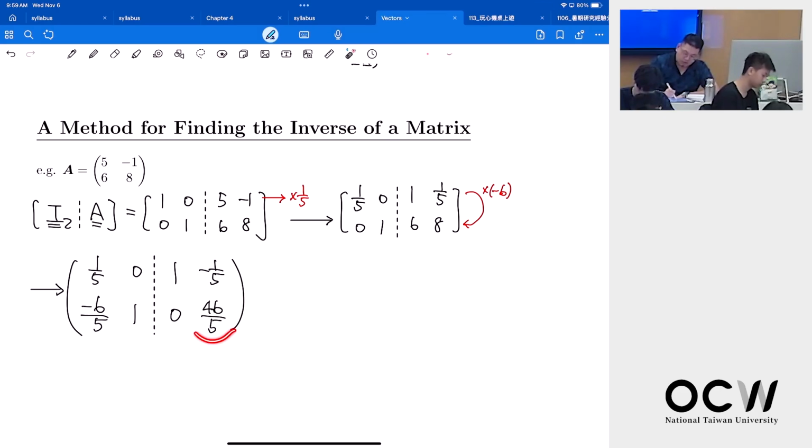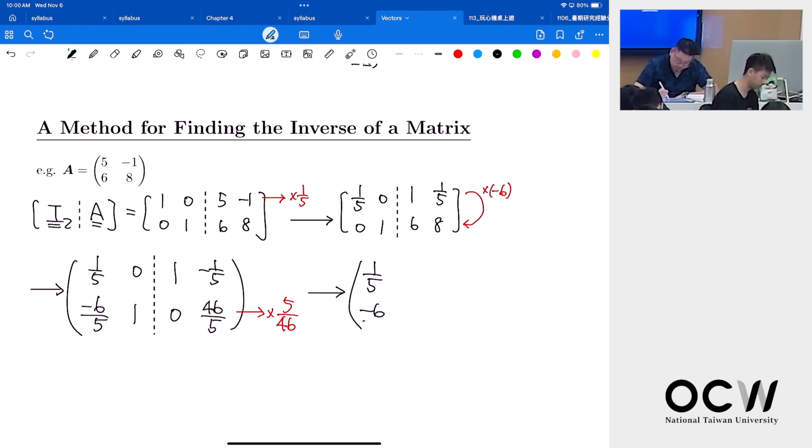Now you want to change that to 1. So you times the second row by 5 over 46. And then you get 1/5 0 and minus 6 over 46, 5 over 46, and 2 more steps. Here you have 1 0 minus 1/5 and 1.